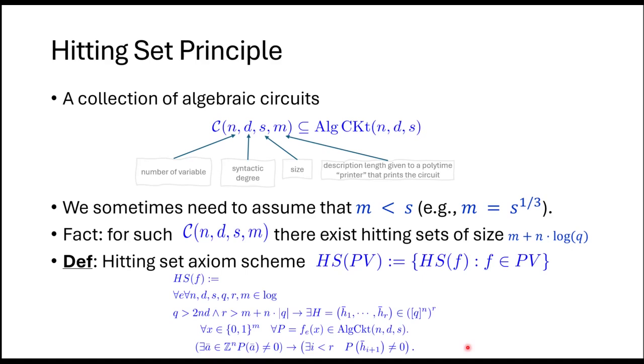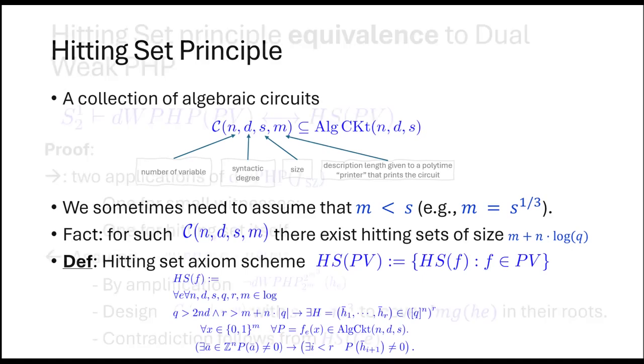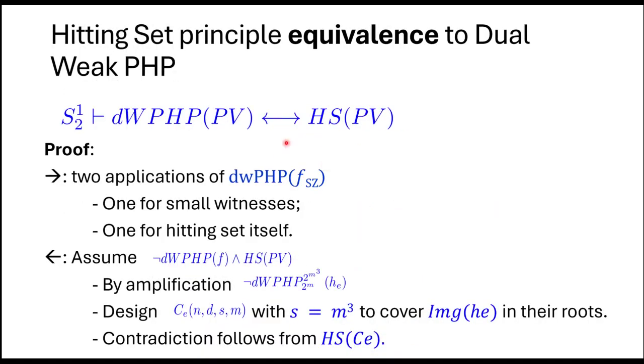And this is the hitting set principle, and we show, interestingly, that this hitting set principle is equivalent to the dual weak pigeonhole principle in some sense. So specifically, in S12, the dual weak pigeonhole principle for PV functions is equivalent to the hitting set principle for PV functions.